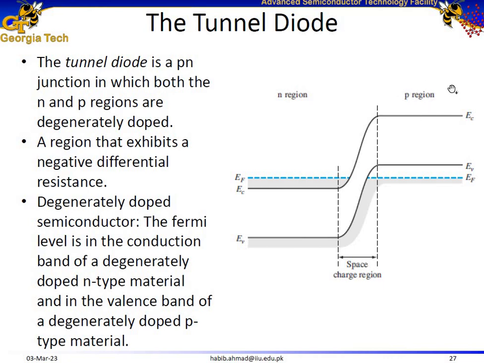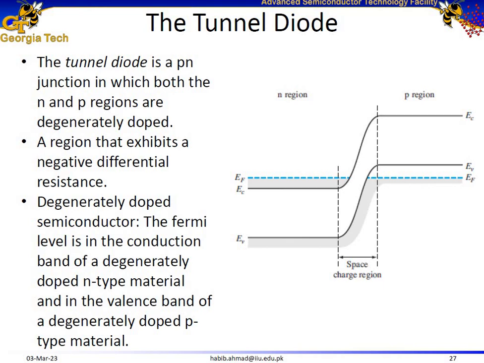Now in this case we have the P region on the right and the N region on the left, so don't get confused with the order of the P and N region, but we have the P region on this side and N region on this side. So now the Fermi level has crossed the valence band. Similarly, the Fermi level has crossed the conduction band. So these are degenerately or heavily doped, or doping of the order of like 10 to the power of 20 or even higher per centimeter cube.